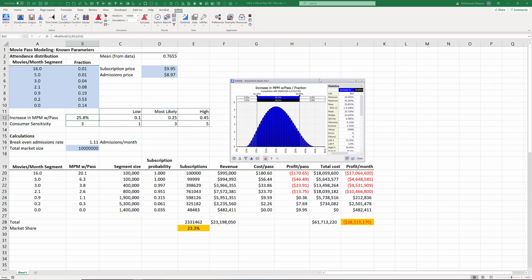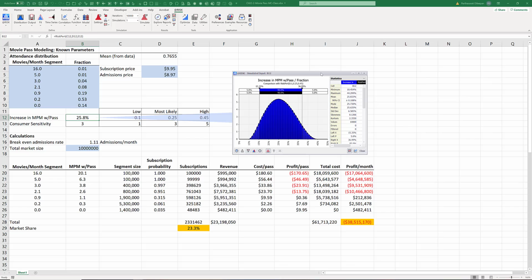Now simulation is completed. Now we have results. Here we have increase in movie going rate. What are the values that were simulated? It gives you the values within 90%.